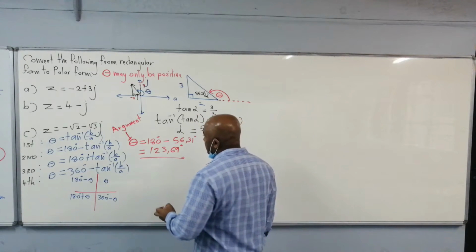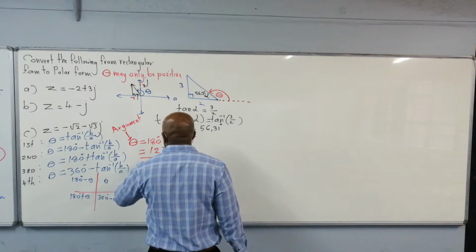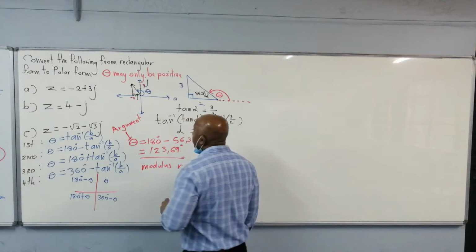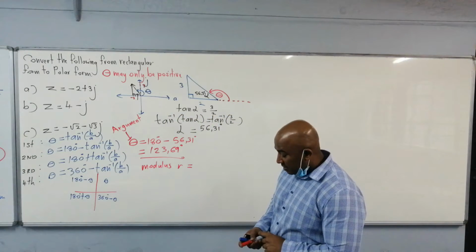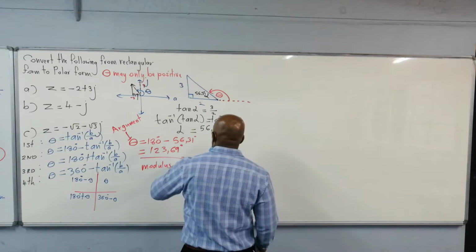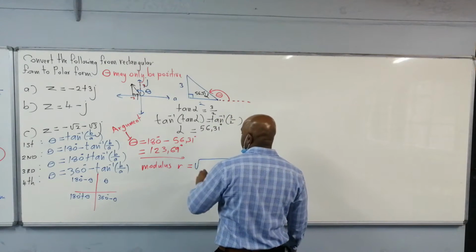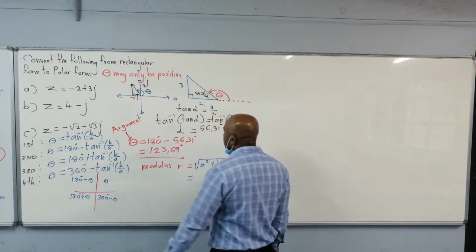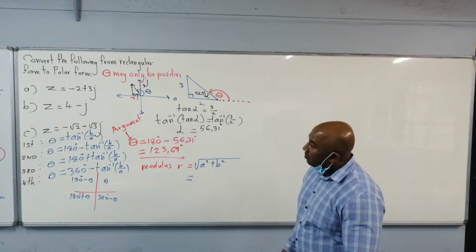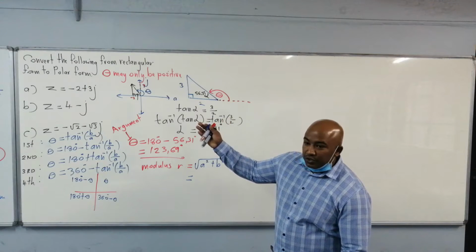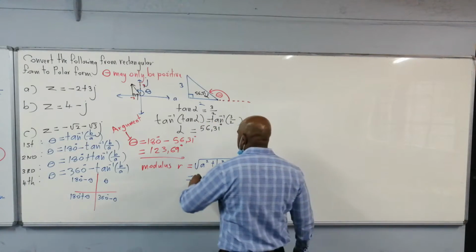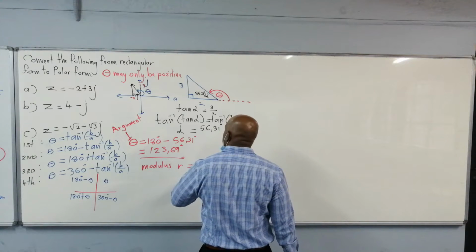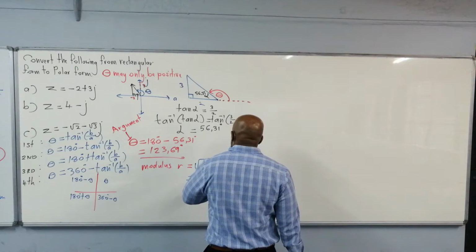And then the modulus. The modulus r, that's simple. It's equal to the square root of a squared plus b squared. My a and b here are minus 2 and 3. So that will be the square root of minus 2 squared plus 3 squared.